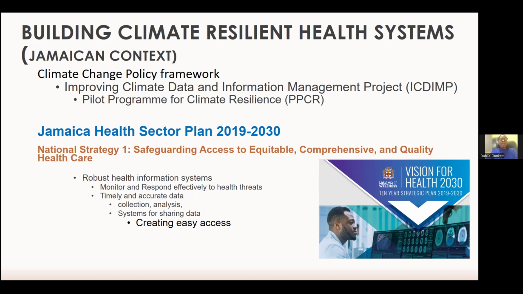Emphasis is also on timely and accurate data, which is important because accuracy at the beginning matters. If it's not accurate, then we will be producing information that will not really direct or guide us along the best approaches or response as it relates to our health threats.